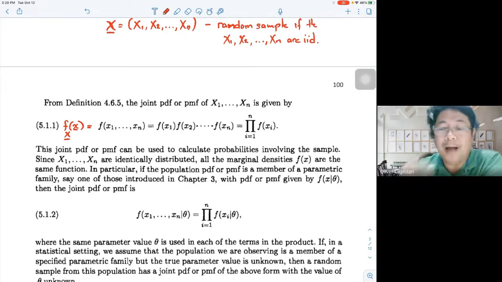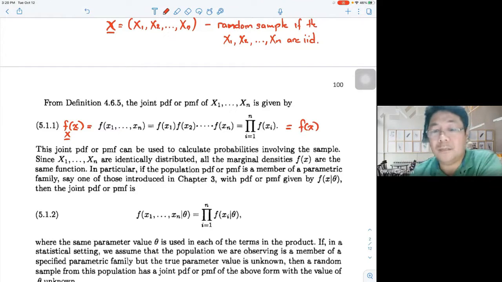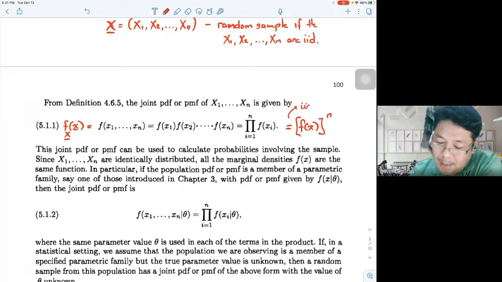But if we add an additional assumption that the marginal PDF or PMF is the same, in other words, identically distributed, we can further write this as f of x, the same PDF or probability mass function f of x, raised to n. By the way, with this assumption, we now have an IID sample.